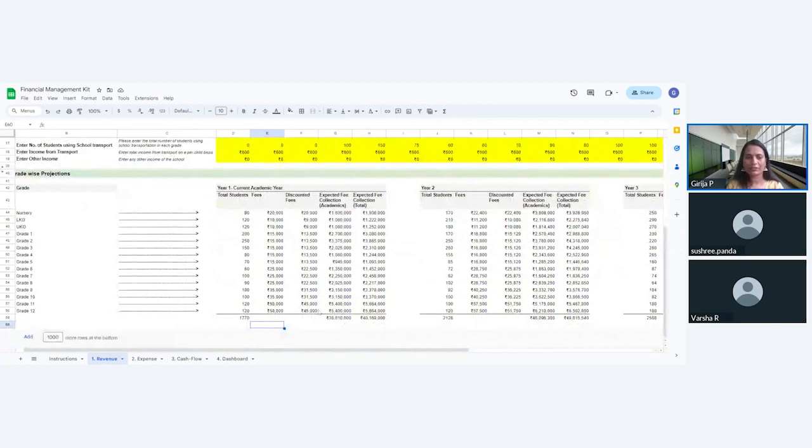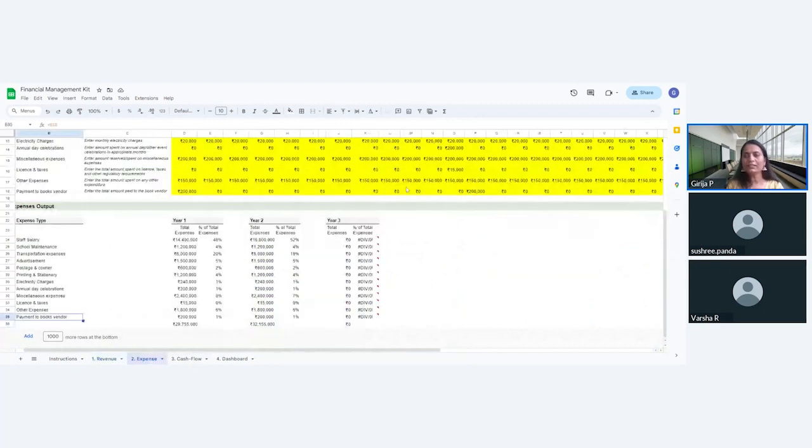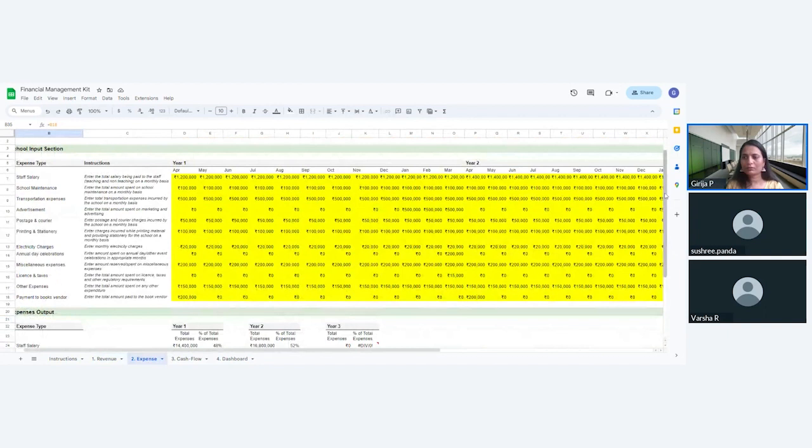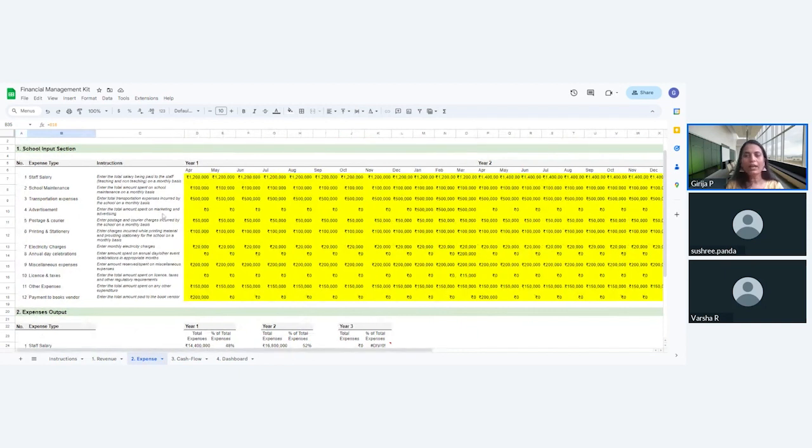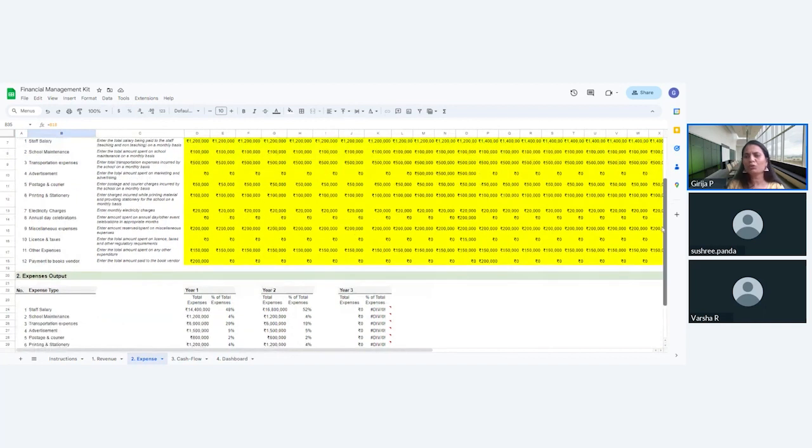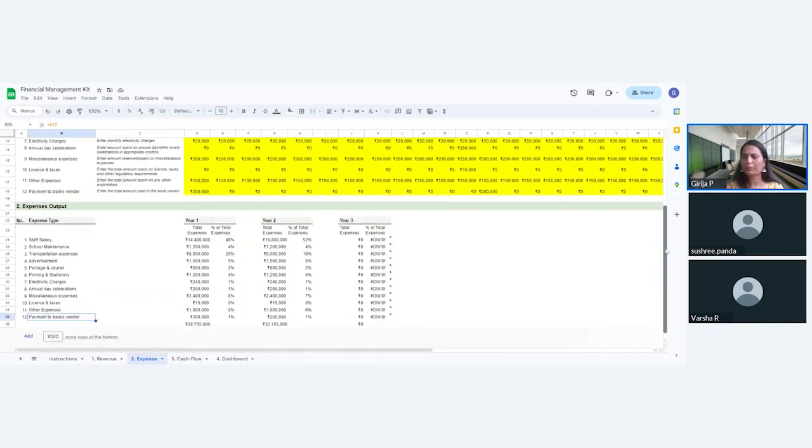And the same with the expenses. Here you can capture the expenses which the school is spending on, and you can capture them for the next 3 years. If you don't want to do it for the next 2 years, you can totally avoid that, and it will again help you to understand how much you're spending on that particular area and what the percentage of that looks like.